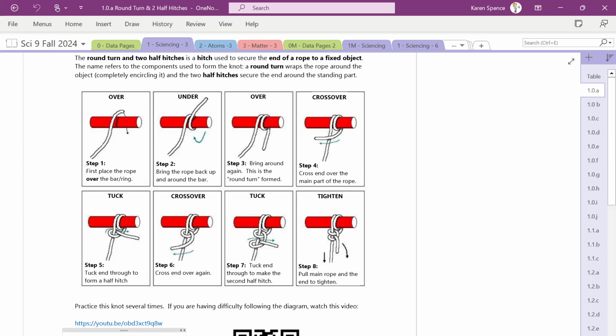If there are 3 of you, I suggest that you get 2 ring stands because otherwise it's just harder to have 3 people working on 1 ring stand. Look back here. You are also going to get a ring clamp. It doesn't matter which size, but I would say probably the largest size is the best.